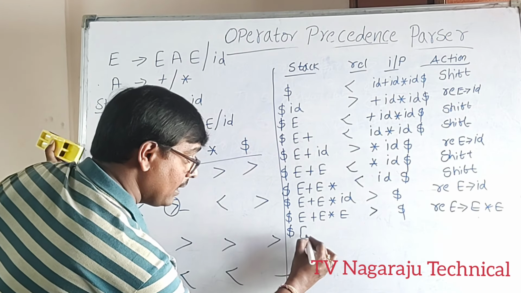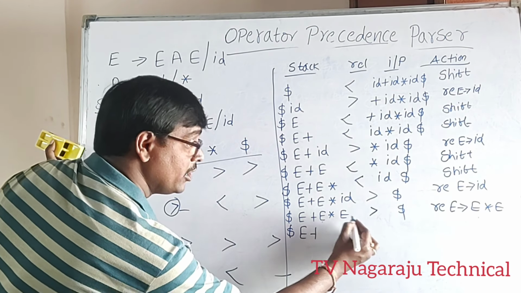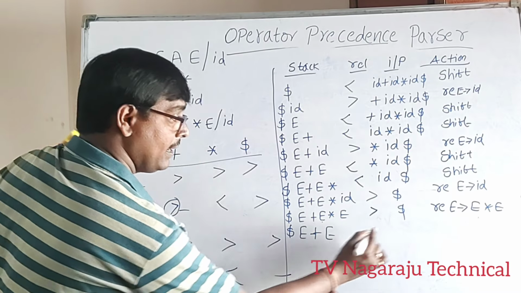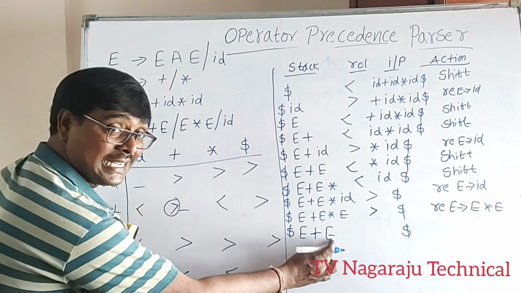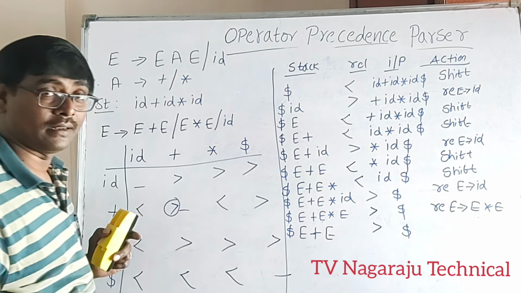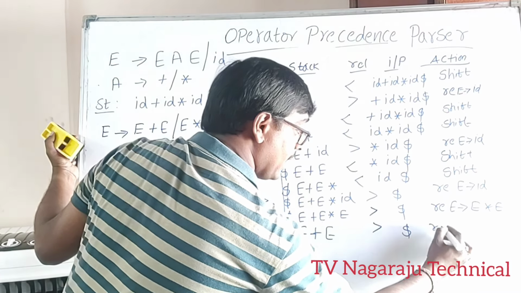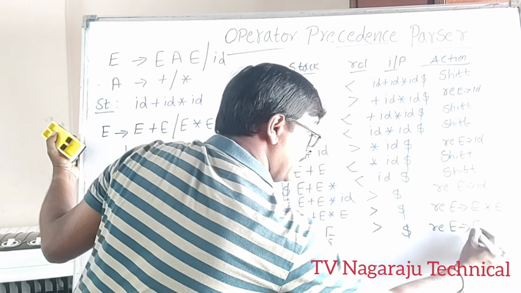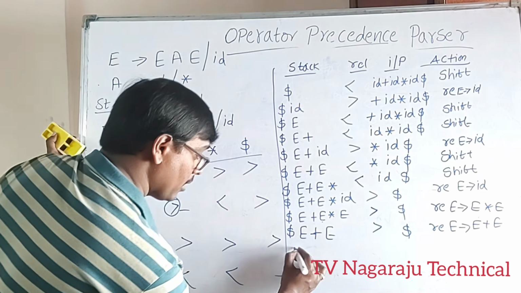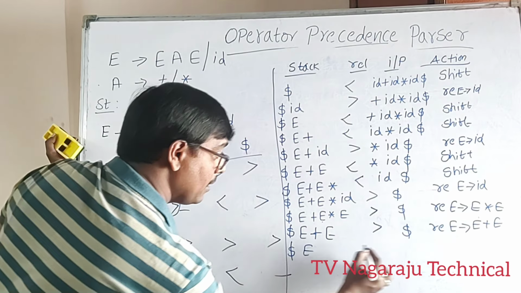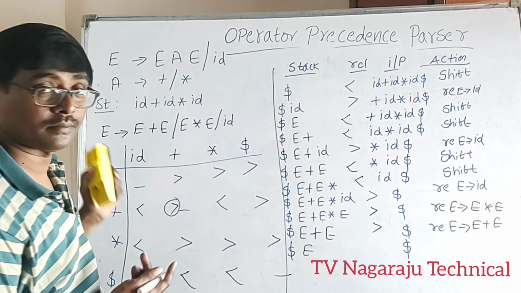So dollar E plus E is reduced to E. Again, dollar: this is greater than dollar. If it is greater than, again you have a reduction step: E tends to E plus E. Now, dollar E dollar.